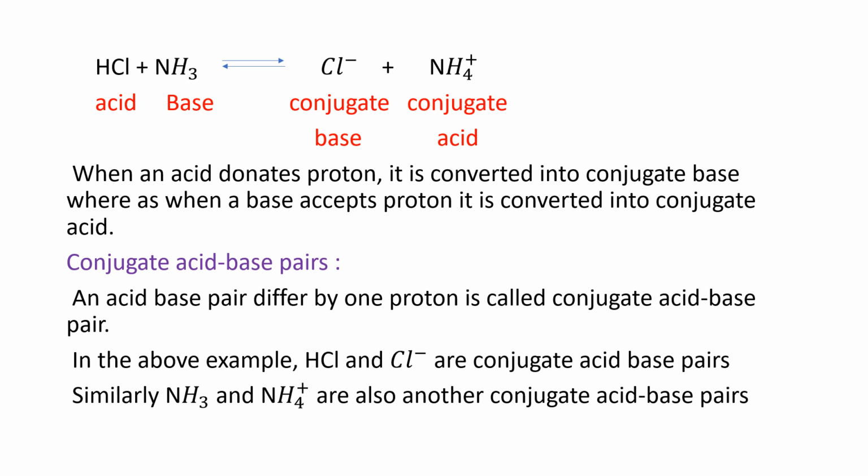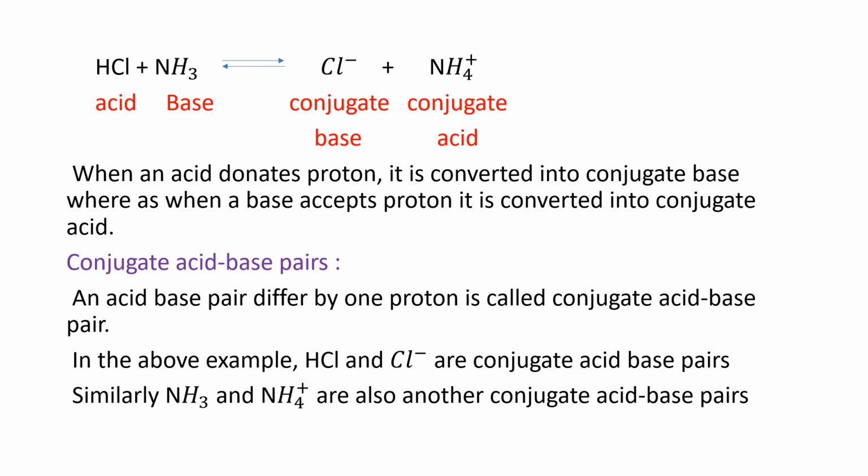Therefore it takes up the proton from an acid and is converted into NH4+, which is called the conjugate acid of a base. Therefore when the base takes up the H+ ion, it is converted into a conjugate acid.